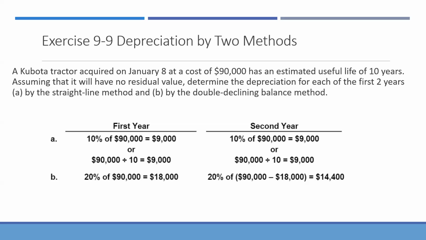And in the double declining balance method, we take 20% of 90,000 in the first year to get 18,000. And then we have to multiply 20% by the net book value in all following years. And that would be 14,400 for the second year because we take 90,000 minus the 18,000 in the first year and multiply by 20%.